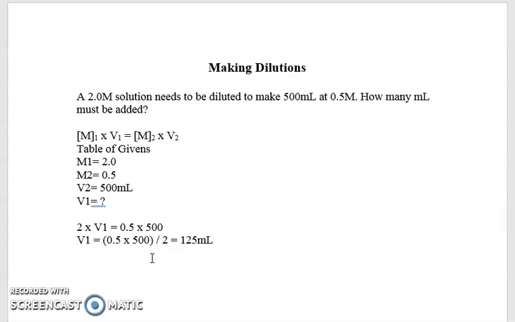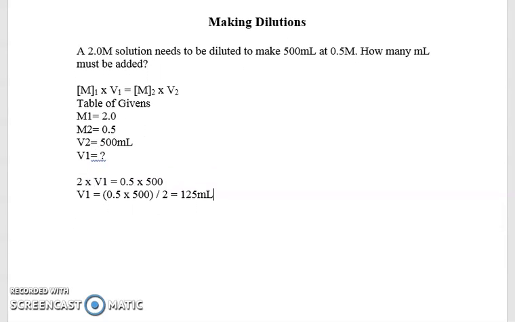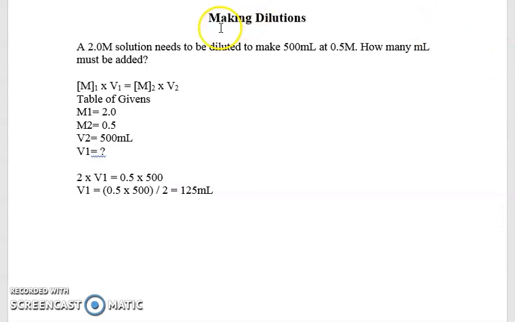Okay, but this is not your final answer, because now we are making dilutions. What is the logic that is following here? What is the next step? Well, we started with 125 milliliters, but we ended with 500.